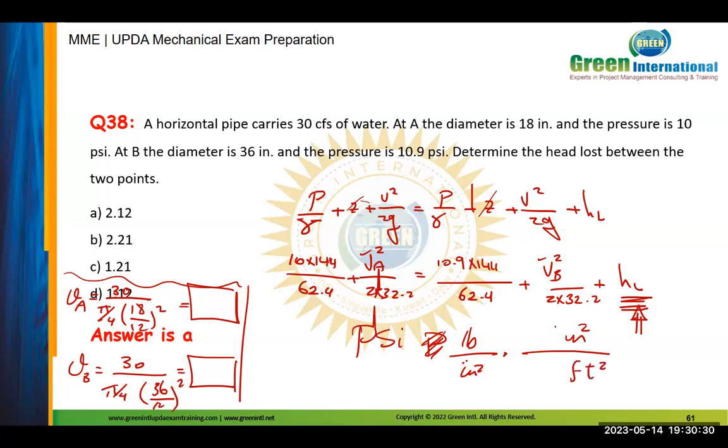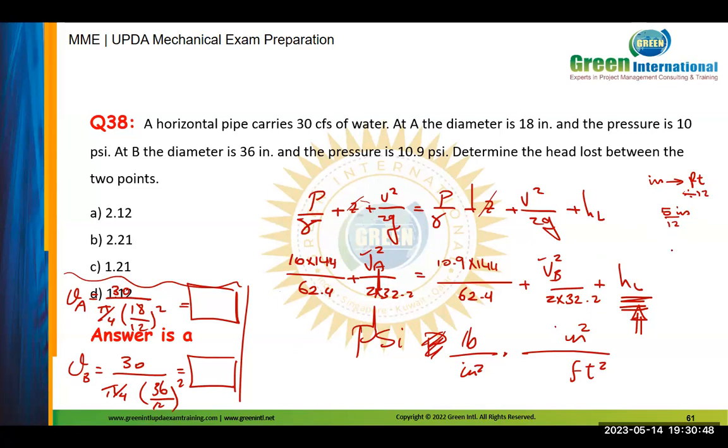And to change from inch to feet, divided by 12. Correct? Like for example, 5 inch, you need it to be feet, divided by 12.